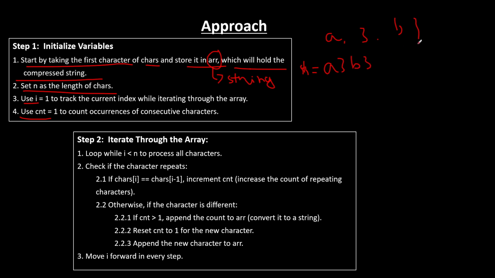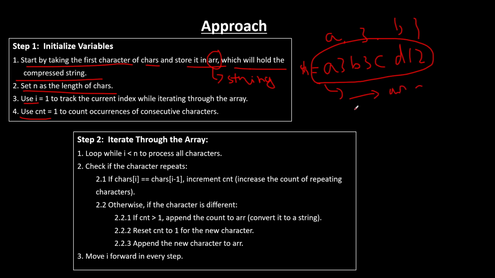And we have C and the count is only 1, so we'll just place C here. And again, if we have D with a count of 12, we will place it here, right? We keep on storing it in the string. So this way, we will get the compressed string, or the compressed list in the form of a string. Fine. And at the end, we could just convert it back to the array and return it.